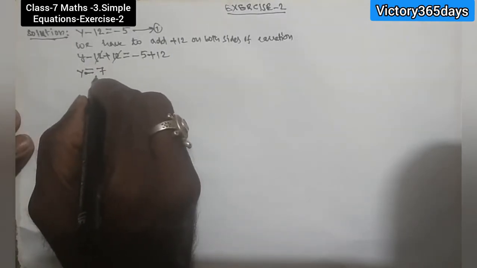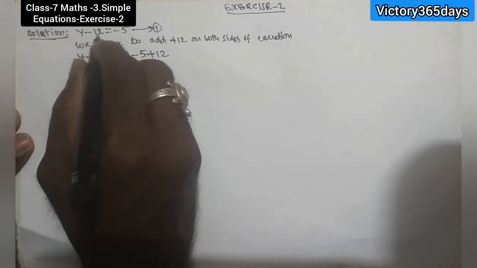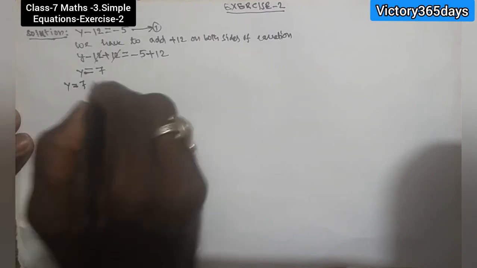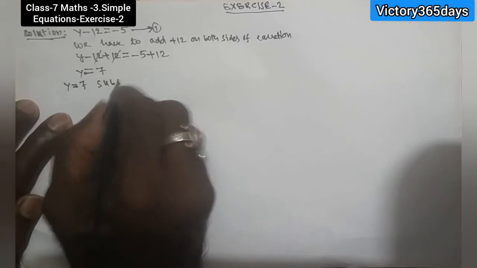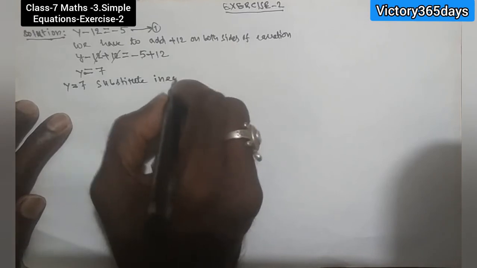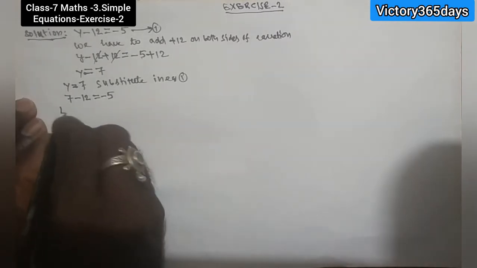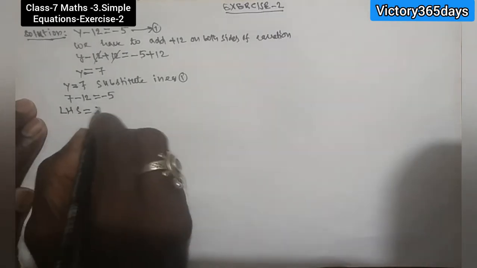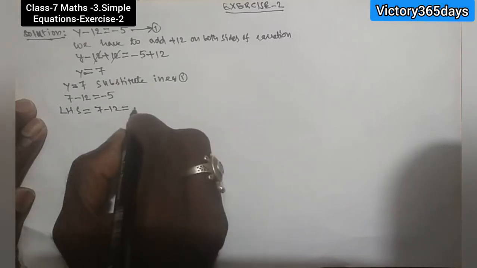This value we substitute in equation 1. So y equal to 7 is substituted: 7 minus 12 equal to minus 5. In the y place we substitute 7, so what is the LHS? 7 minus 12 equals minus 5.